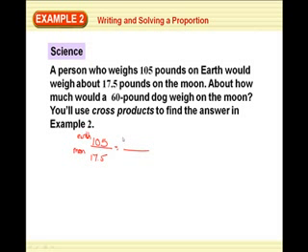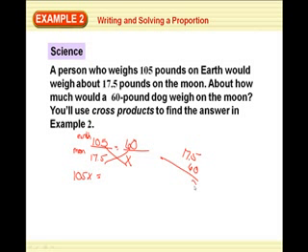So they tell us how much would a 60-pound dog weigh on the moon. So it weighs 60 pounds on Earth. What does it weigh on the moon? That would be X. So we have to do our cross products, and notice here the numbers are going to get a little crazy on us. So 105x equals 17.5 times 60.